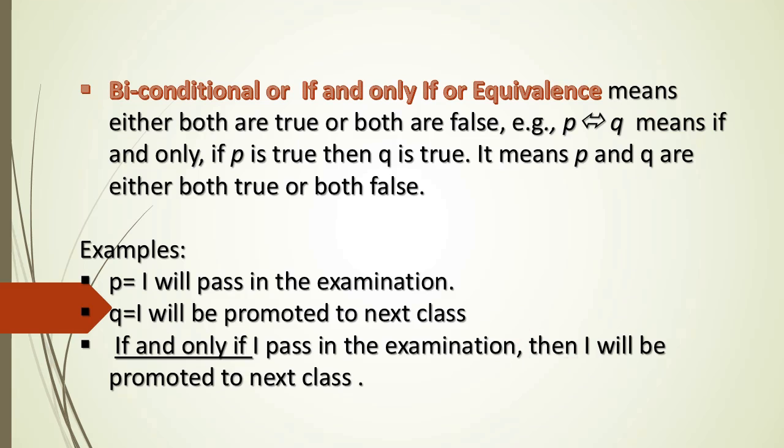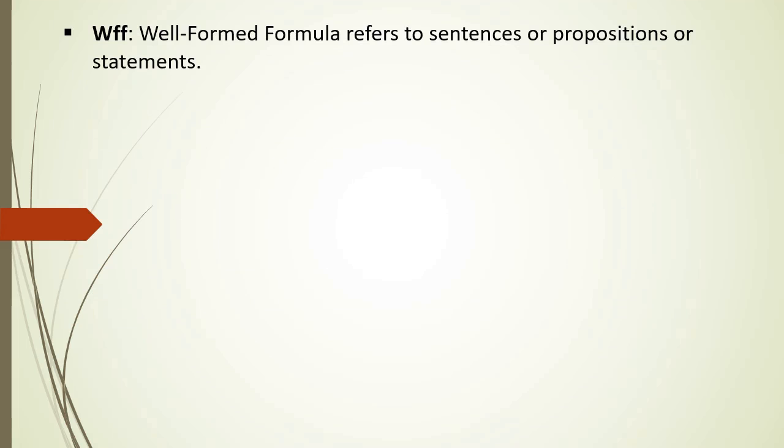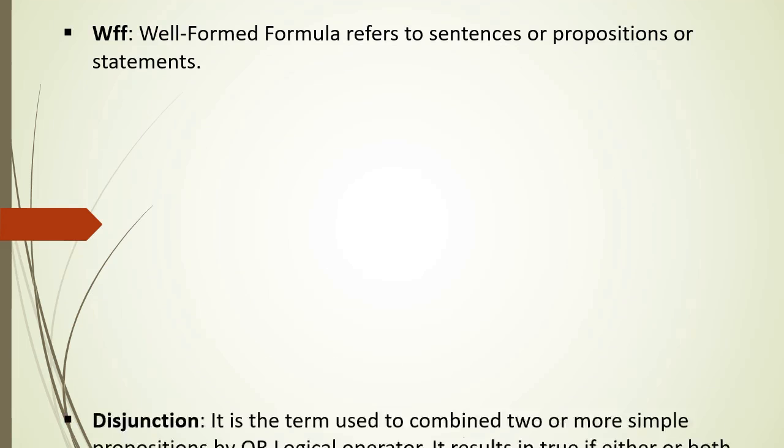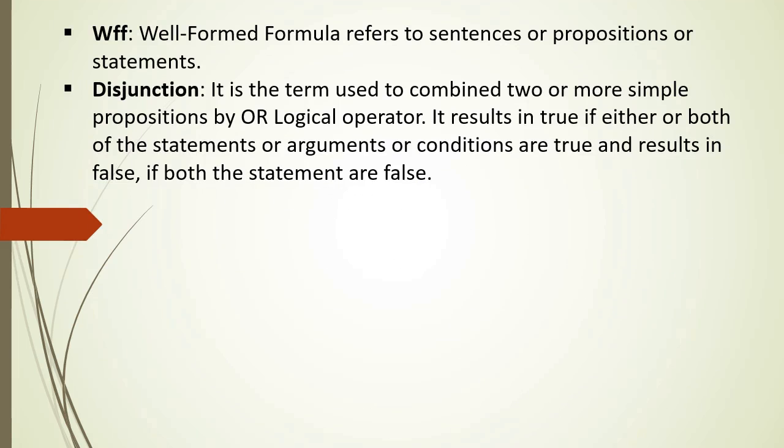So in this topic we have learned today well-formed formulae, which is a simple or compound statement. Then we have learned different types of logical operations. Disjunction, that means the or logical operation.